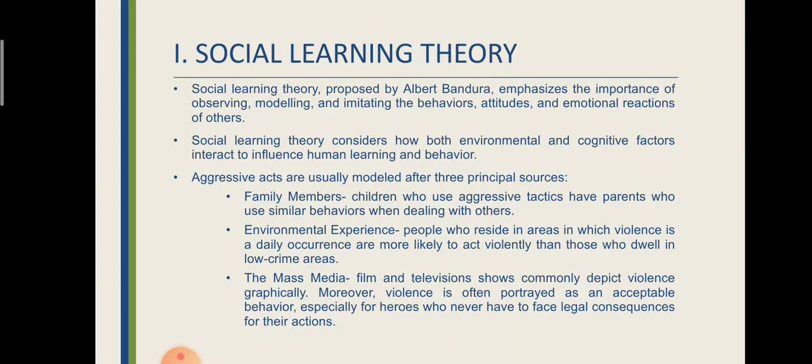So in modern society, aggressive acts are usually modeled after three principal sources. First, the most prominent models are the family members. According to Bandura, children who use aggressive tactics have parents who use similar behaviors when dealing with others, because we see it in our home. We always see how our parents interact with other people.